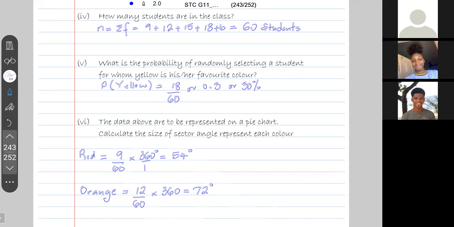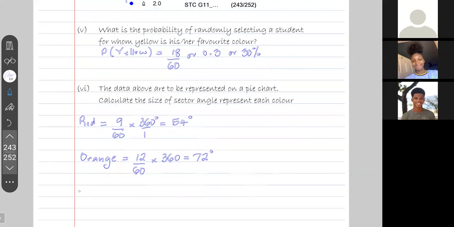Then green is 18 out of 60 times 360. No, green is not 18, it's 15.